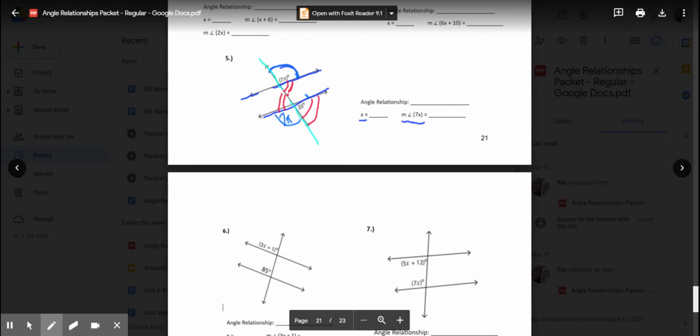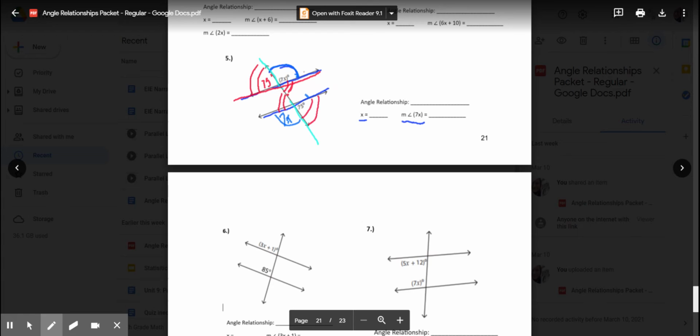And the 75 degrees is alternate exterior to this angle up here. So if you notice, the 75 and the 7x, they're not equal, but when I fill in the other angles that are equal to it, I notice the 75 degrees and the 7x make a straight angle.